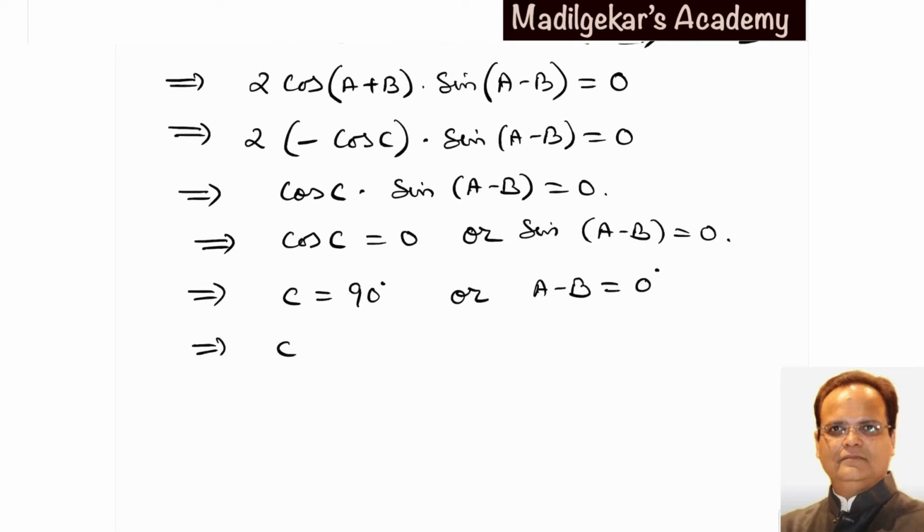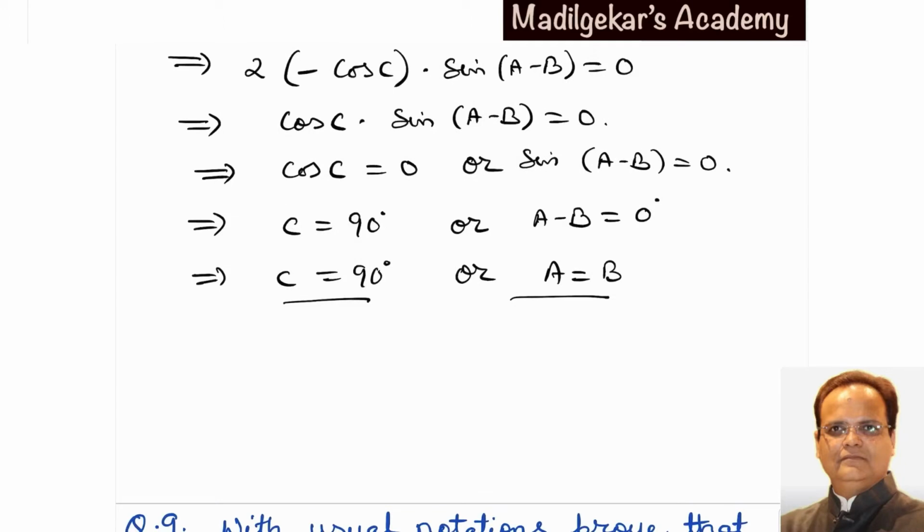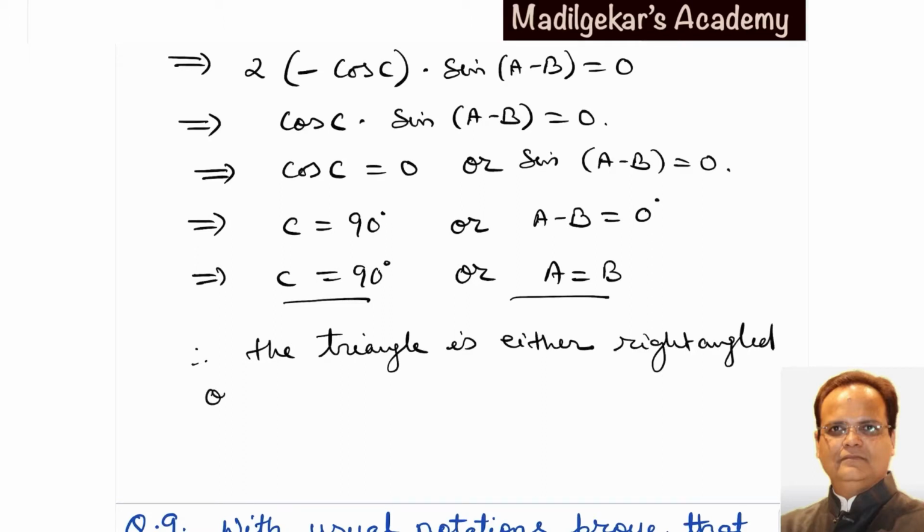That is, angle C is 90 degrees or A must be equal to B. From this we can conclude that the triangle is either right angled or an isosceles triangle. Hence, proved.